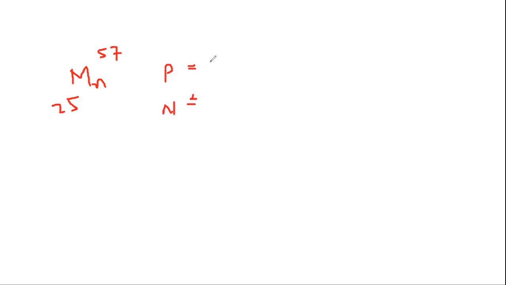The atomic number is 25, that means protons are 25, and the number of neutrons is 57 minus 25, which is 32. That is the number of neutrons.